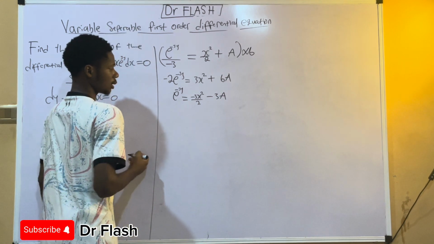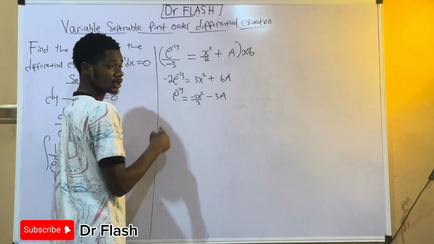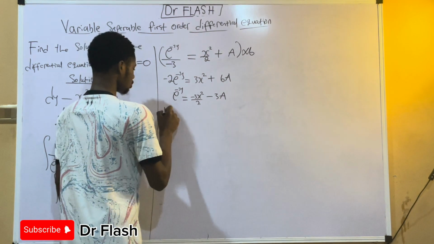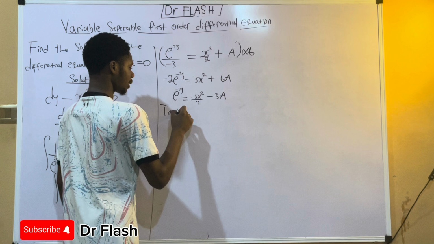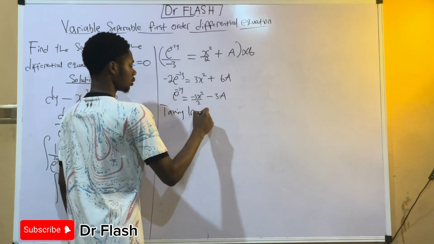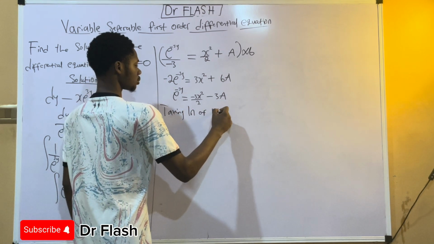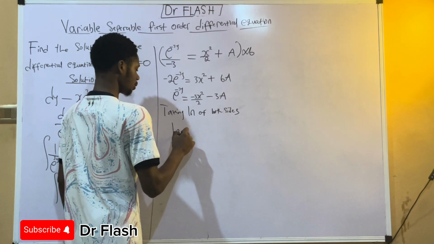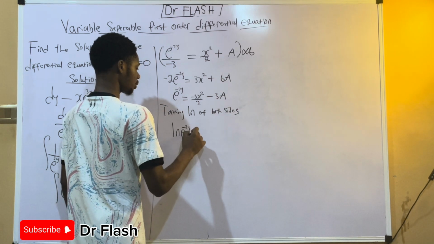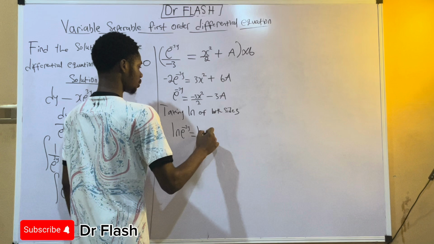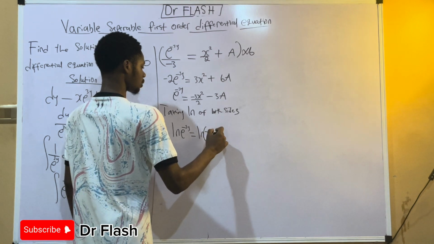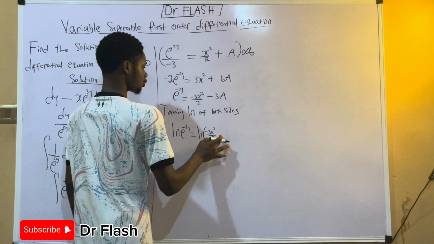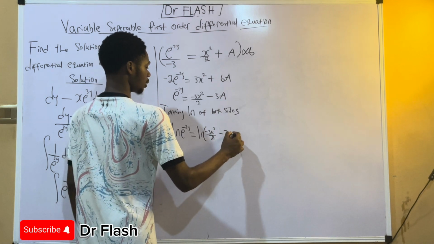Next thing, I'm looking for y, so I have to take the logarithm to the base of exponential on both sides. It's taking the ln of both sides. So I'll take the ln of both sides, and I'm going to get ln exponential minus 3y equals ln of minus 3x squared over 2 minus 3a.